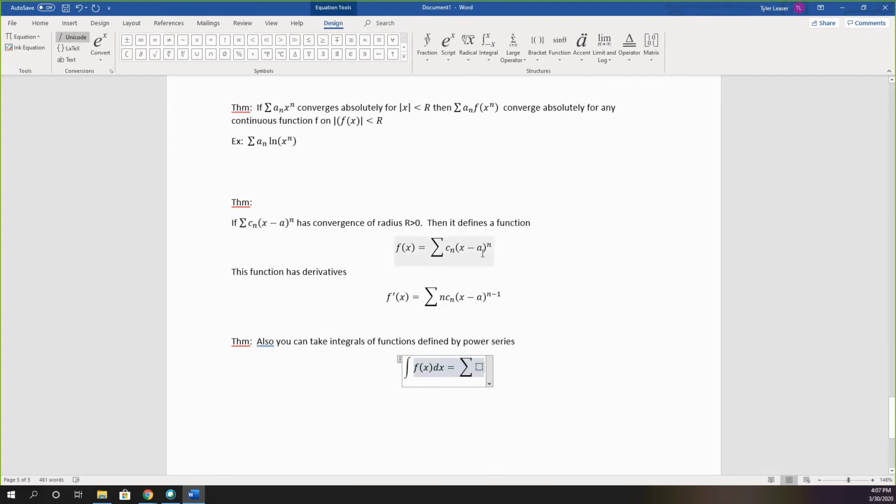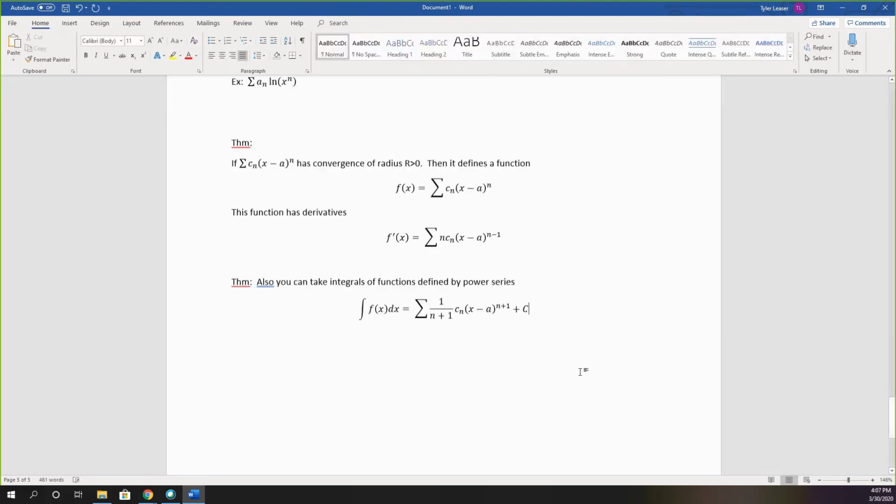So if f of x is defined here, c sub n times x minus a to the n, I can just take the antiderivative of that. The antiderivative is we're going to raise that power to n plus 1, and then I have to divide by that n plus 1. So we're going to do 1 over n plus 1 out in front. We still have that constant c sub n, but now it's going to be x minus a to the n plus 1 power. You are going to have to worry about the plus C though, so just know that there should be a constant for the antiderivative out in front.